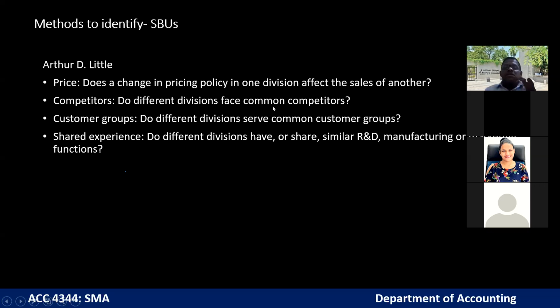Competitor: if you have common competitors, then you can consider it as one SBU rather than dividing the SBUs. Likewise, Arthur D. Little raised different questions so as to identify the SBUs.